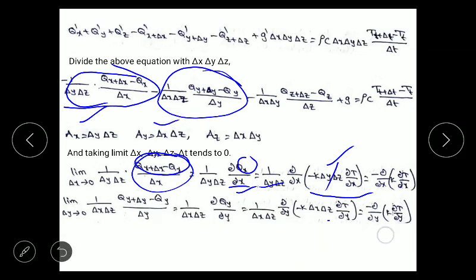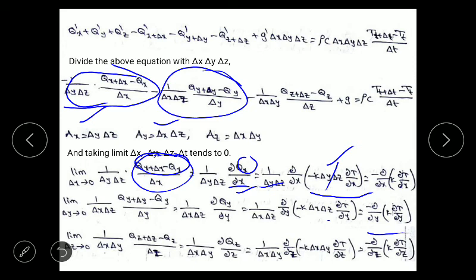So we have finally this expression, and the limit when applied for z terms, we have limit delta z tends to 0, 1 by delta x into delta y into the difference is very small, so dou qz by dou z. And from Fourier's law, minus k dT by dz when applied, we have this expression finally.